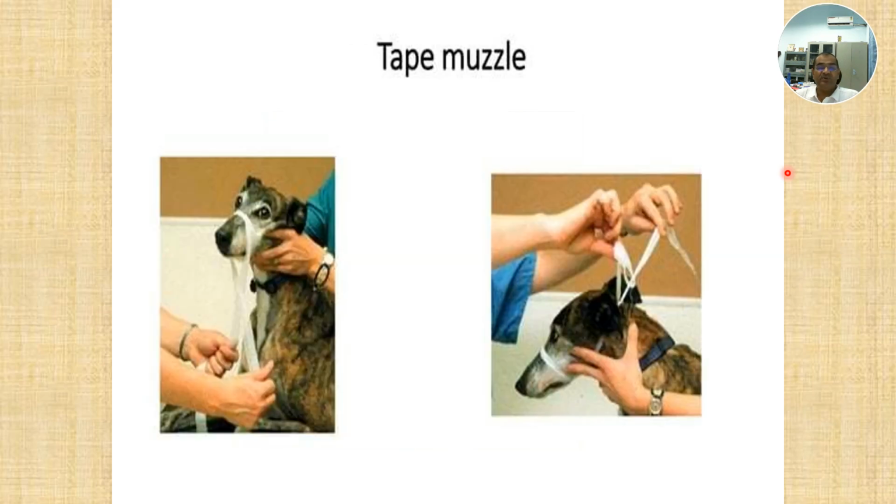Then, apart from this, the tape muzzle is one of the very easy techniques for restraining dogs which can bite the veterinarian or also the owner.